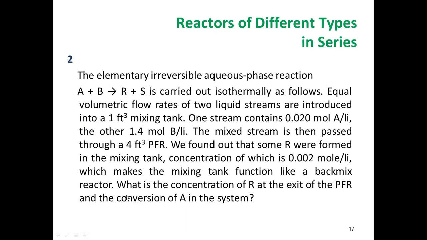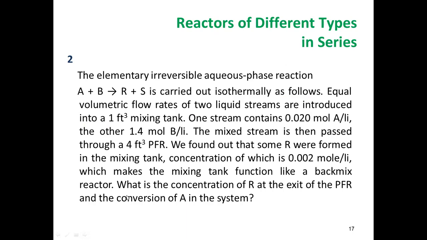An elementary irreversible aqueous phase reaction A plus B forming R plus S is carried out isothermally as follows. Equal volumetric flow rates of two liquid streams are introduced into a 1 cubic feet mixing tank.